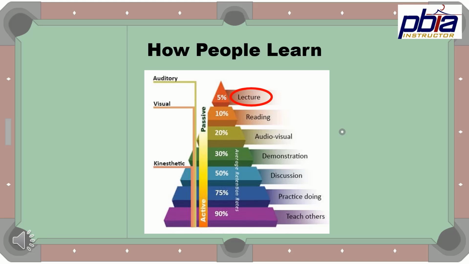The learning pyramid suggests that lecture is one of the most ineffective methods for learning and retaining information. Lecture is a passive form of learning where you simply sit back and listen to information being spoon-fed to you by your teacher or instructor. Attempting to acquire information and gain understanding only through lectures is not the most effective way of learning.